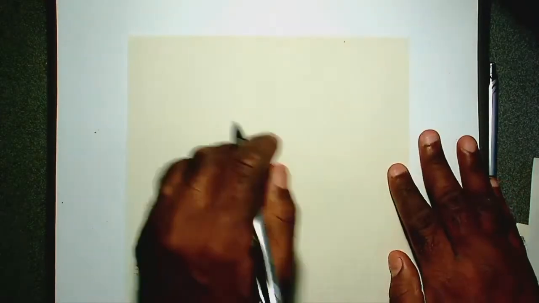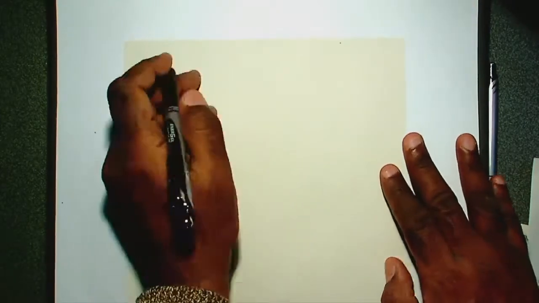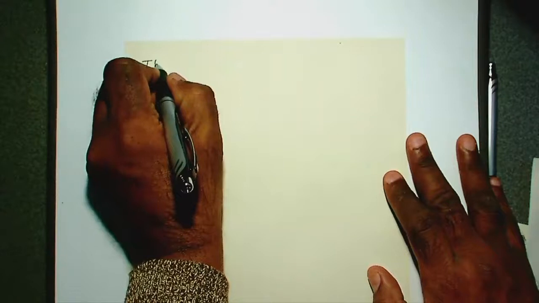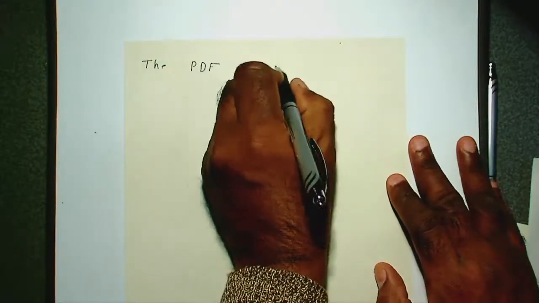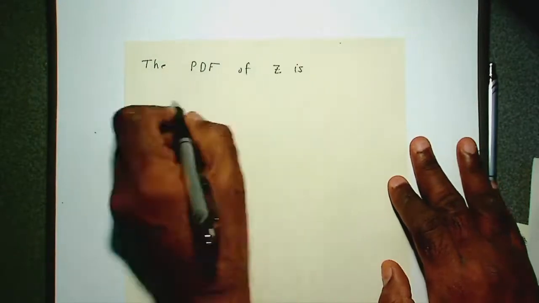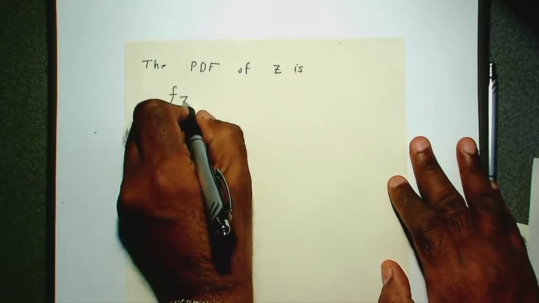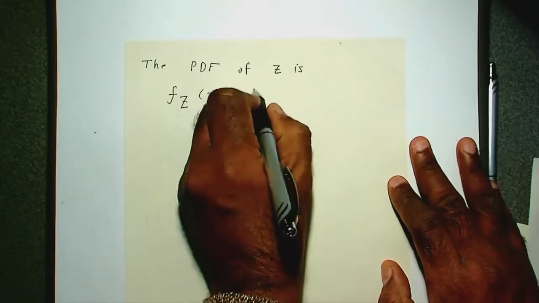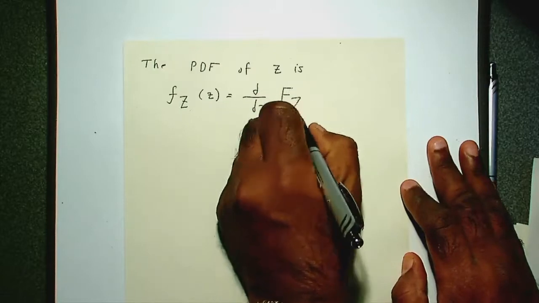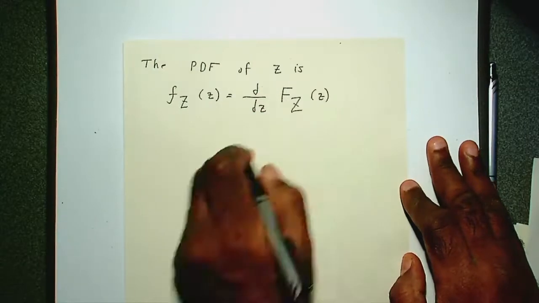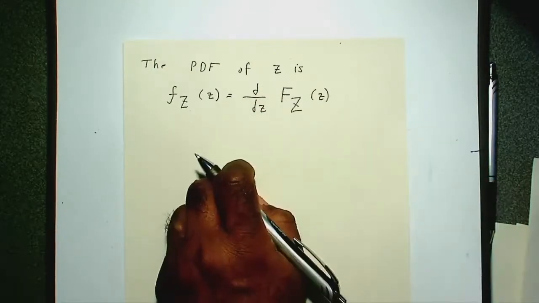The second step is to find the PDF. So that's the CDF of Z. So this is just the derivative of the CDF.